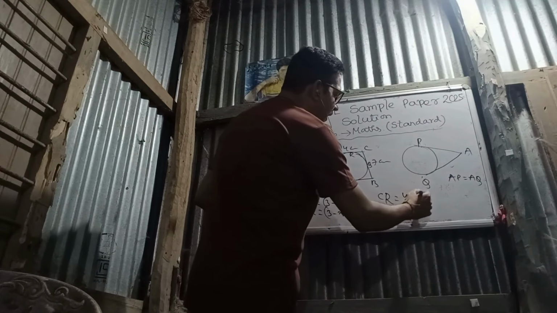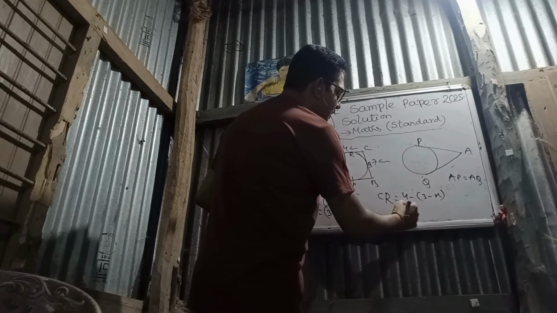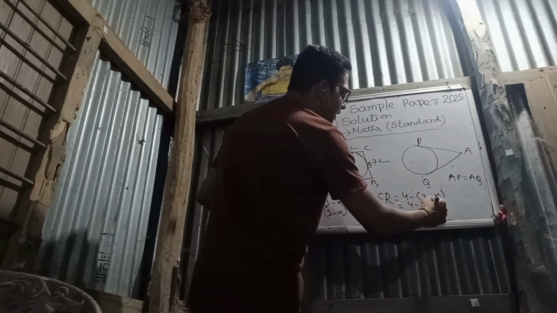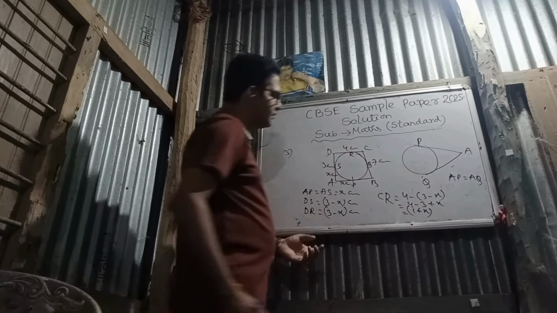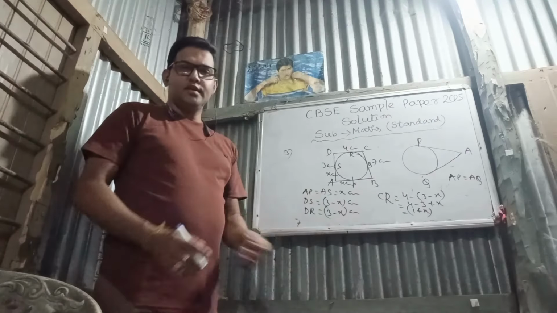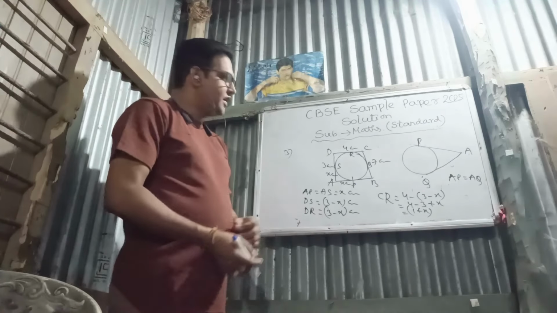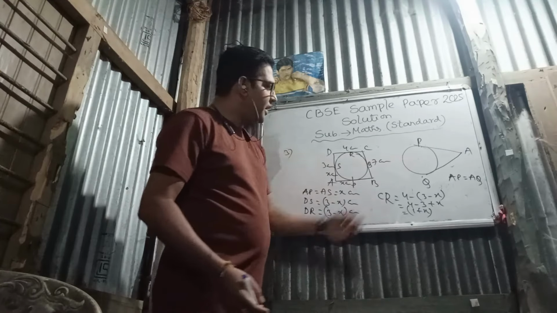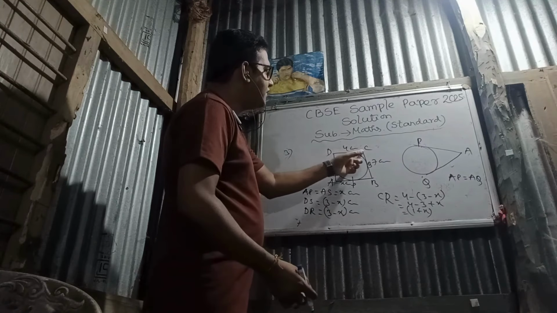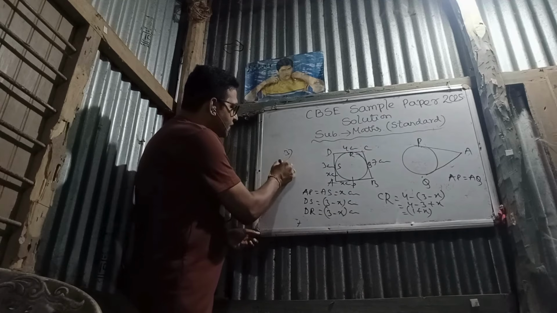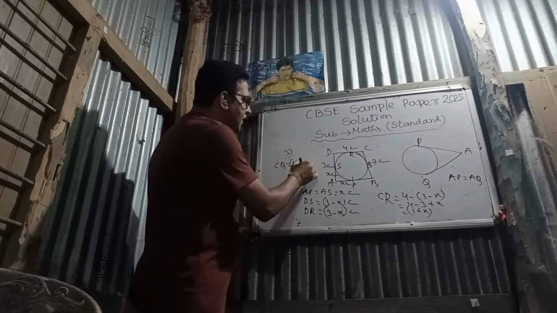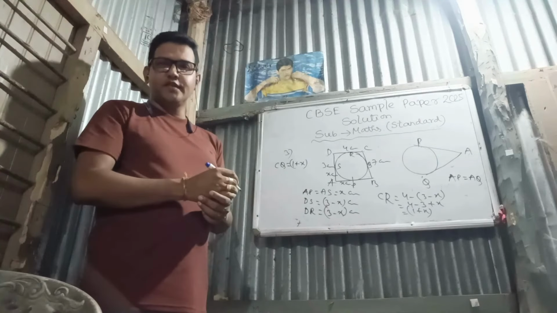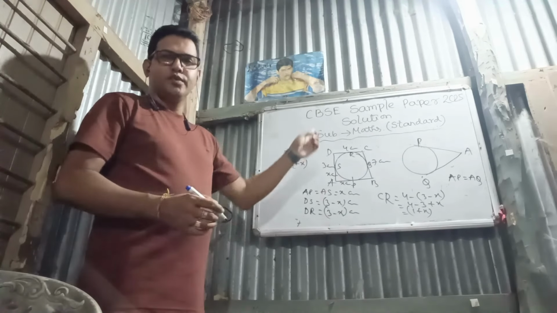So 4 minus (3 minus x), which is 4 minus 3 plus x, that is 1 plus x. So CR is 1 plus x. By the theorem again, CR is also equal to CQ. So CQ is equal to 1 plus x. That is how we have to move.